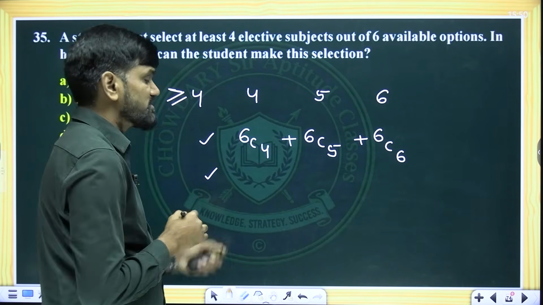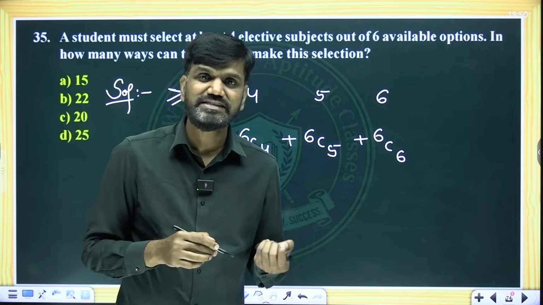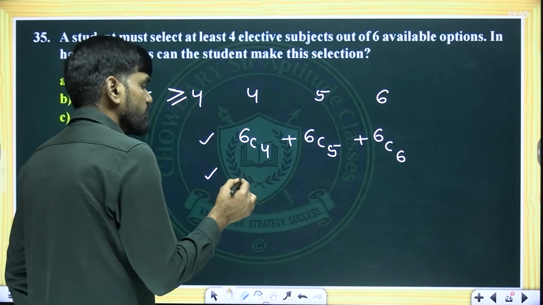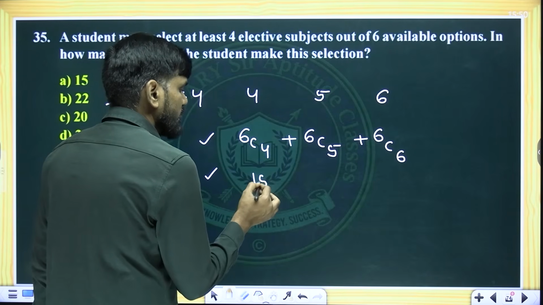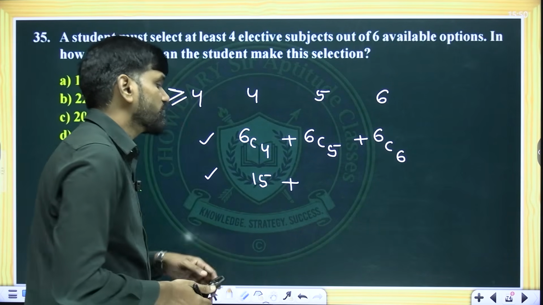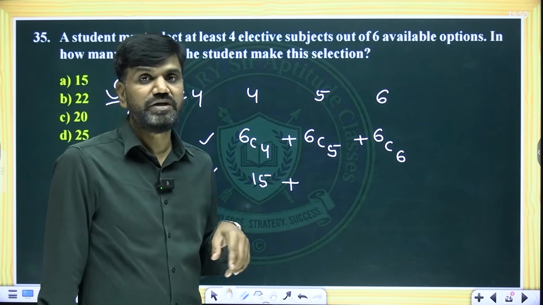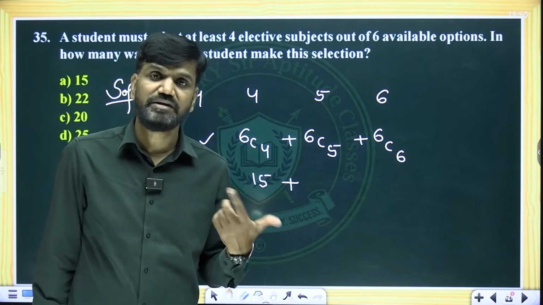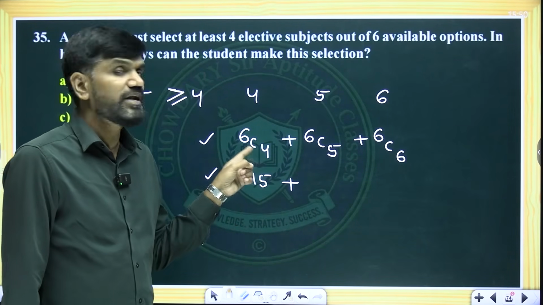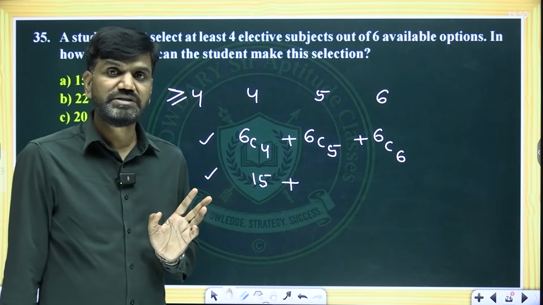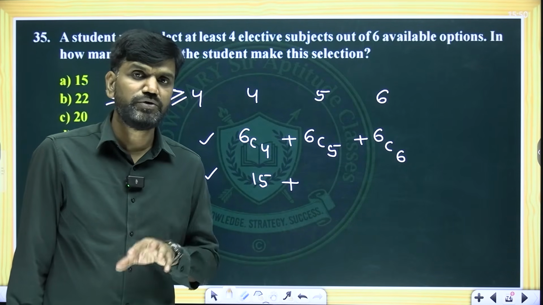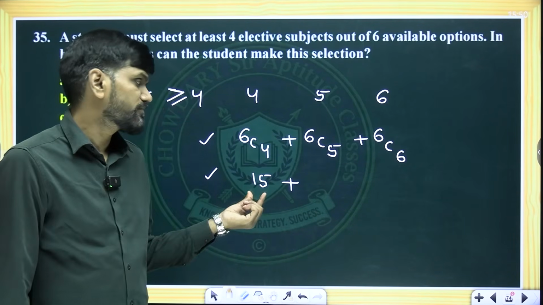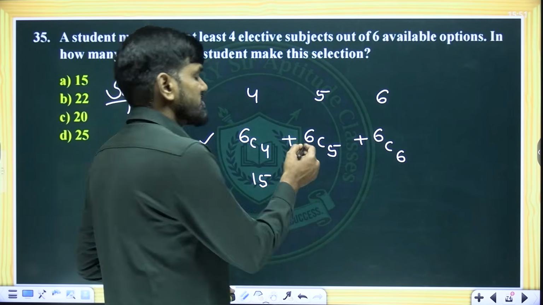6C4 is nothing but 6C2. 6C2 is nothing but 15. You can calculate here directly. 6C4, as this is more than half of this, you directly go for what? NCN minus R. So 6C4 can also be written as 6C2. 6C2 means 6 into 5 by 2 into 1. That will give you 15. 6C5 is nothing but 6C1.